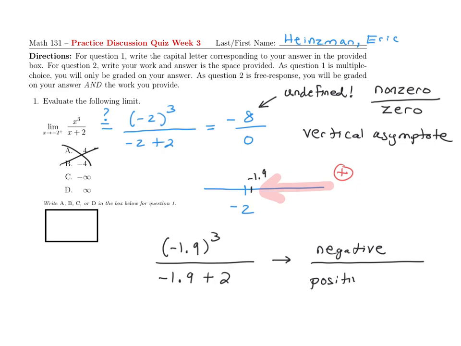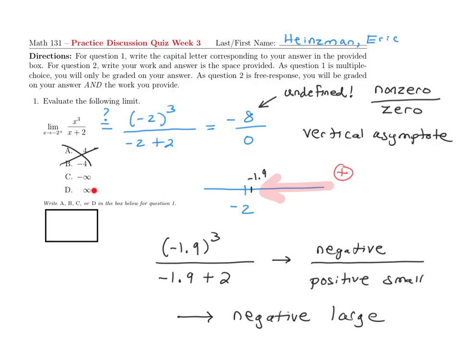But not only is it positive, it's positive and small. And I'm noting this because if you divide by a small number, the net result is going to be big. Furthermore, a negative divided by a positive ultimately is negative. So I can state that, whatever the answer is, I know it's negative, and I also know that it is large. Again, that's because we divided by a small number.